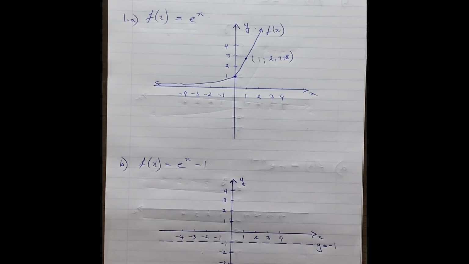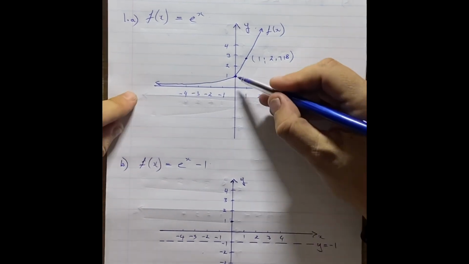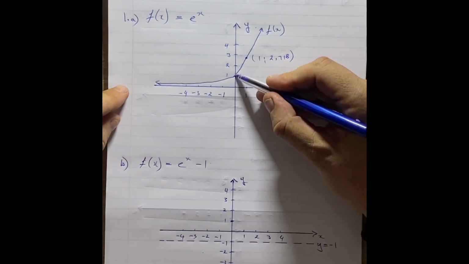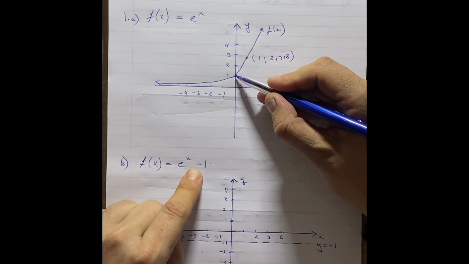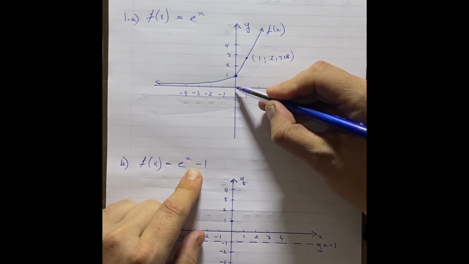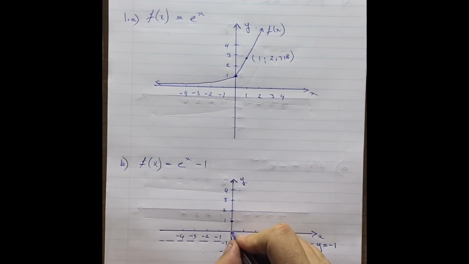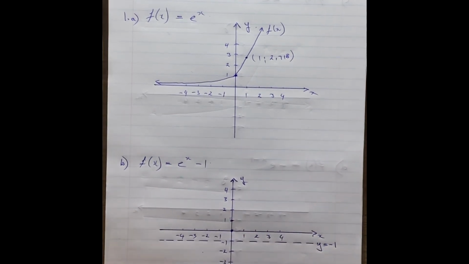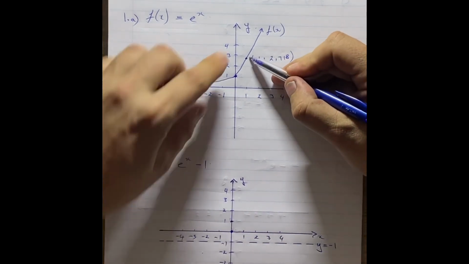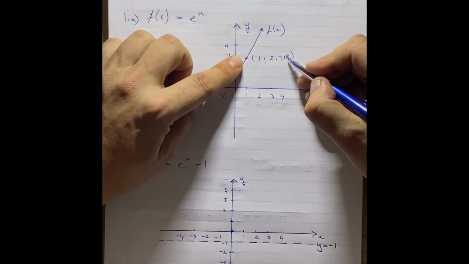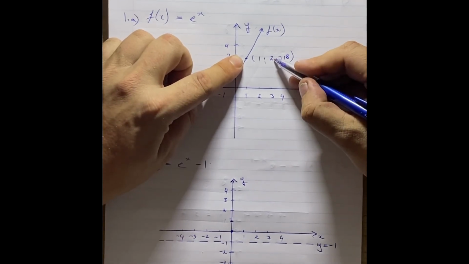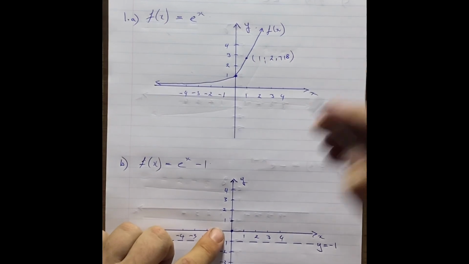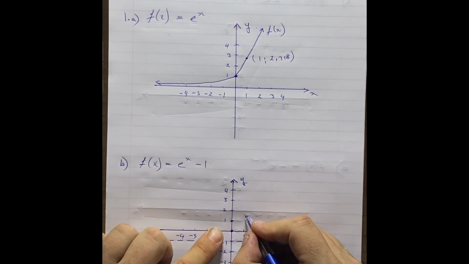Right, so now, what has this point done? We've moved it down by 1. So 1 minus 1 will go through 0 now, so that point is now moved to 0. This point here was 2.718. It'll now go down to 1.718, which is roughly about there.